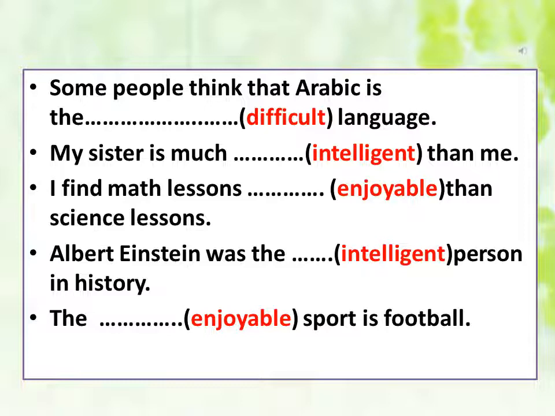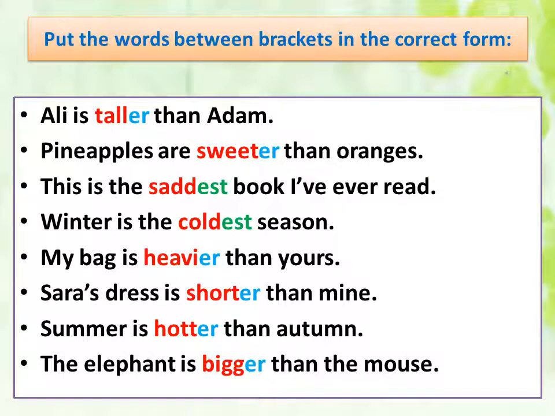Albert Einstein was the intelligent person in history, intelligent. The enjoyable sport is football, enjoyable. Okay, here are the keys for the previous exercise.